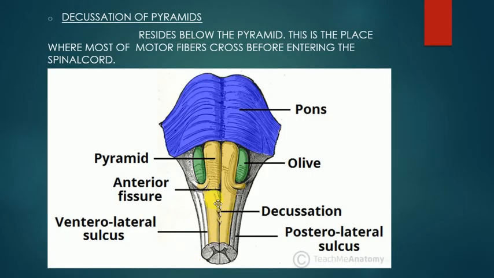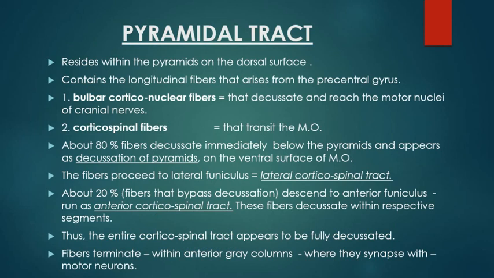As we already said, 80% of fibers decussate here. The fibers proceed to the lateral funiculus, known as the lateral corticospinal tract. About 20% of fibers that bypass decussation descend to the anterior funiculus and run as the anterior corticospinal tract.